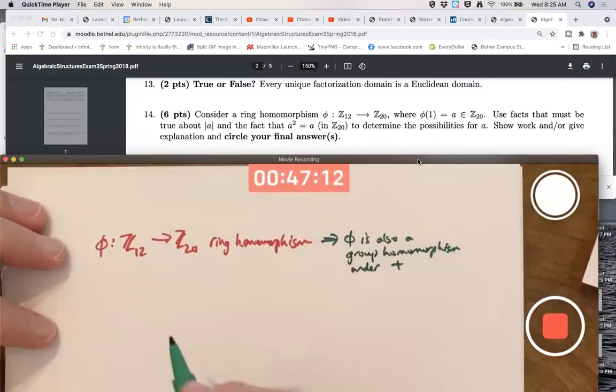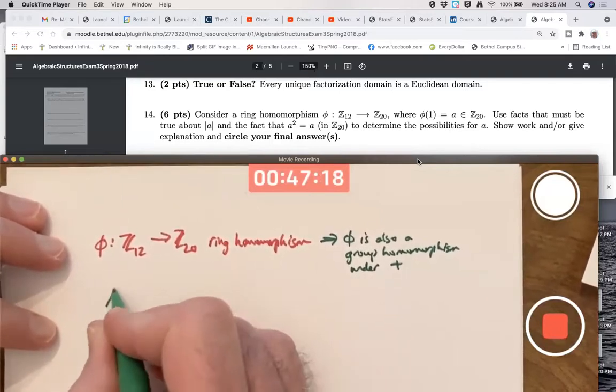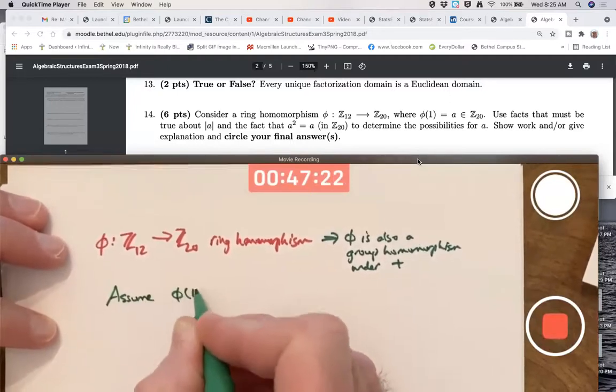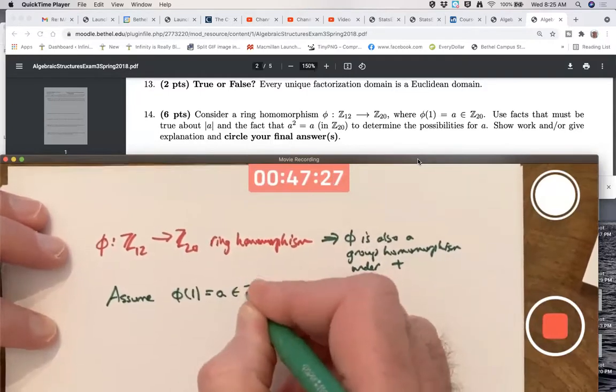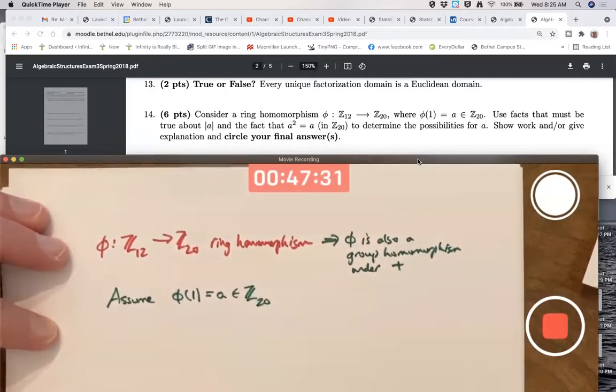So, we're assuming phi of 1 equals A for some number A. It's got to be equal to some number A because 1 has to get mapped to something.